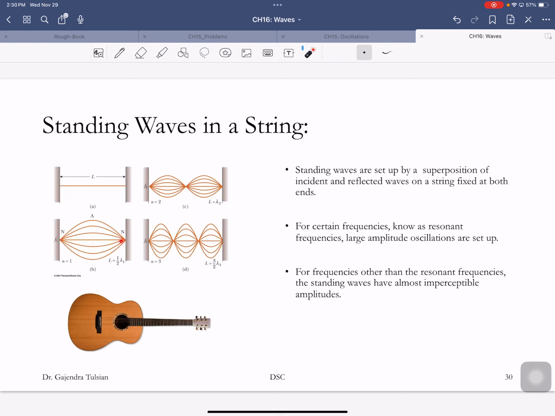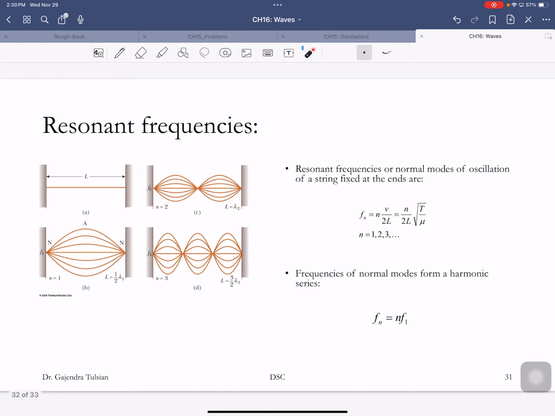Nodes at the end, so the endpoints are not oscillating, and so this is the lowest frequency, this is twice that frequency, this is 3 times that frequency. So these are the harmonics. So if this is 100 hertz, 200 hertz, 300 hertz, that's the frequencies it likes to oscillate. So the natural frequencies of oscillation are given with n an integer, L the length of the string, T the tension in the string, and mu the mass per unit length.